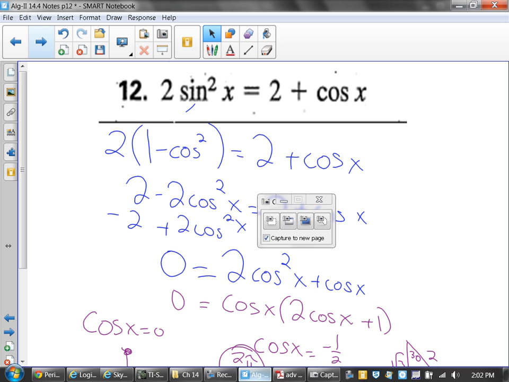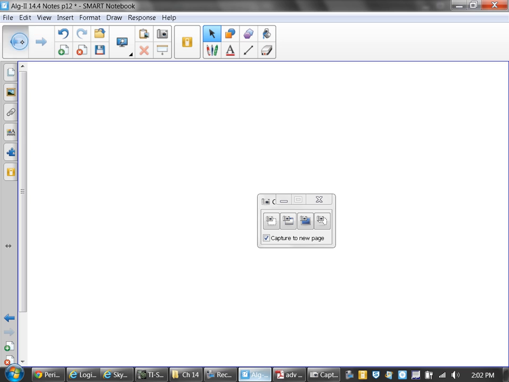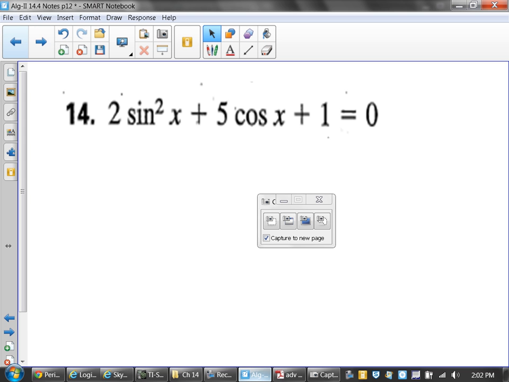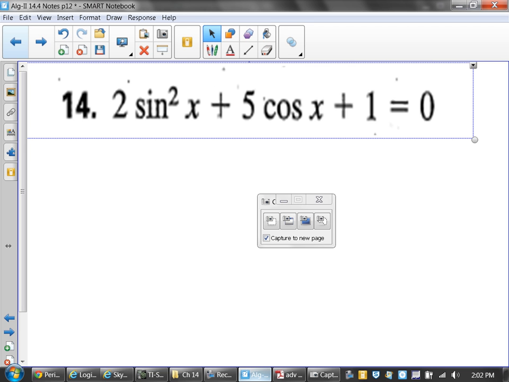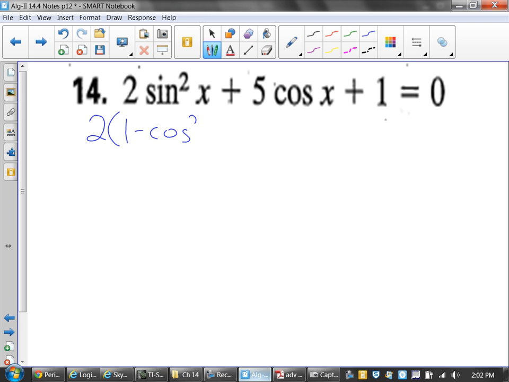So on number 12, I took the sine squared and wrote it as 1 minus cosine squared. What do you think I'm going to write sine squared as here? Same thing, 1 minus cosine squared. Whenever you have two trig functions, one of them squared, the other one not, write it in terms of the lesser degree. So you have 2 times quantity 1 minus cosine squared x, plus 5 cosine x plus 1 is 0.